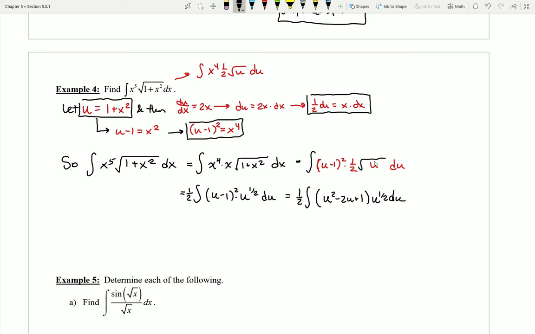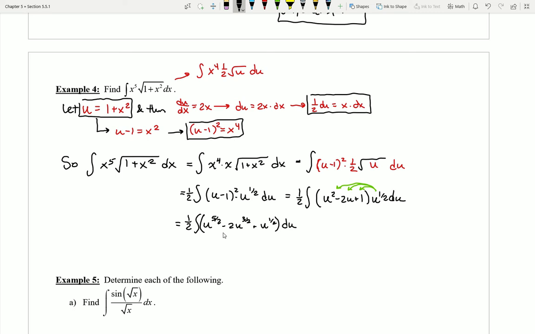And then I'm going to take this u to the 1/2 power and distribute it in. So this is ultimately going to give me 1/2 times the integral of, if I'm multiplying these together, I'm going to add the powers, so this is going to be u to the 5/2 minus 2u to the 3/2 plus u to the 1/2. I have all of this.